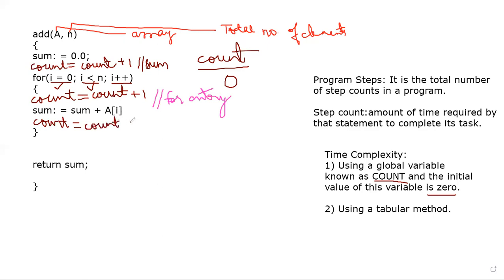This is for what? This is for the sum calculation. Clear? I will write it here as the comment. This count is for a sum calculation.